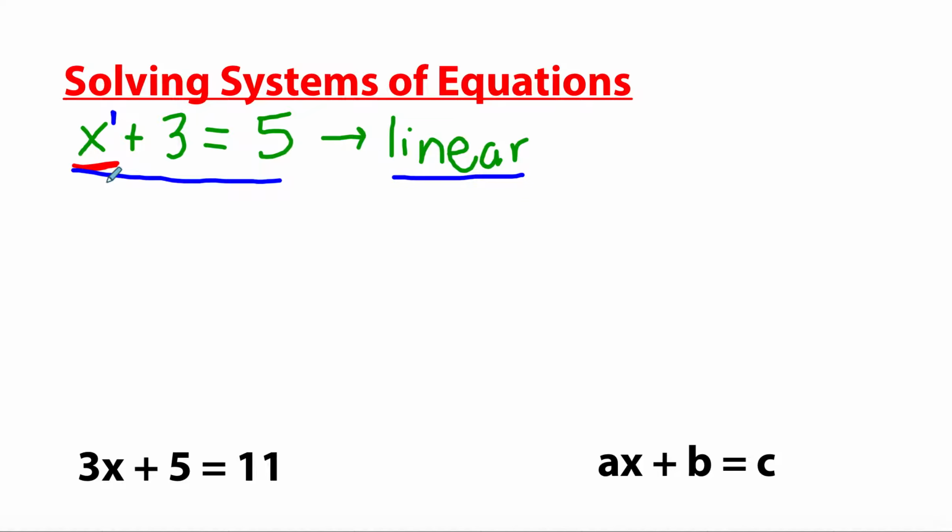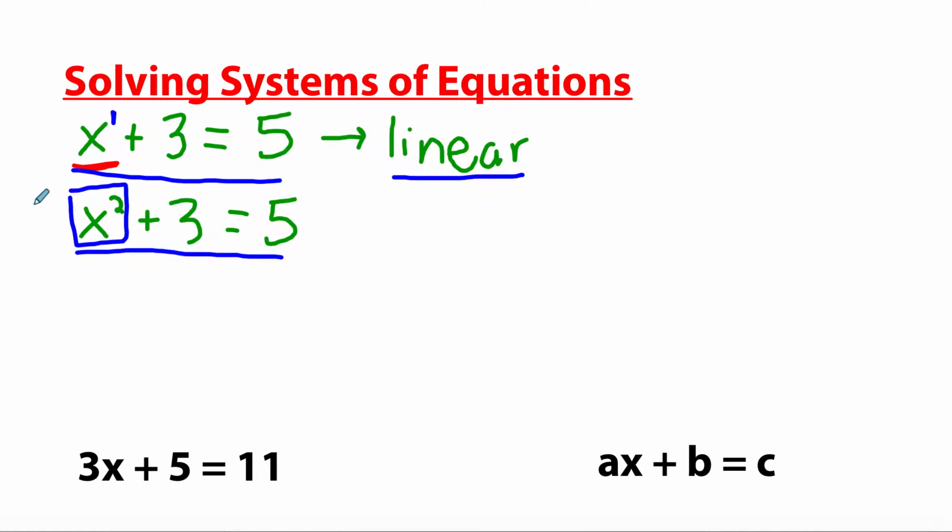So for example, if this were to say instead x squared plus 3 equals 5, the degree of this equation is 2, because the degree of that variable is 2.